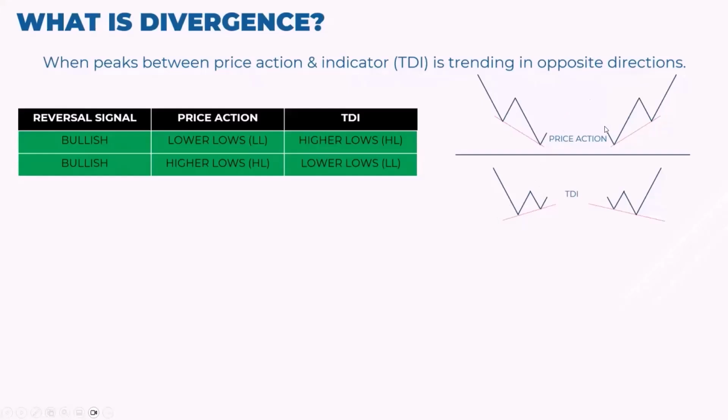And vice versa. If price is in an uptrend, creating higher lows, and the TDI creates a lower low, it's a signal that a reversal is going to happen. A lot of times we'll get a shark fin right here. Let's say the TDI makes a shark fin, and we say, oh, this is going to push up.